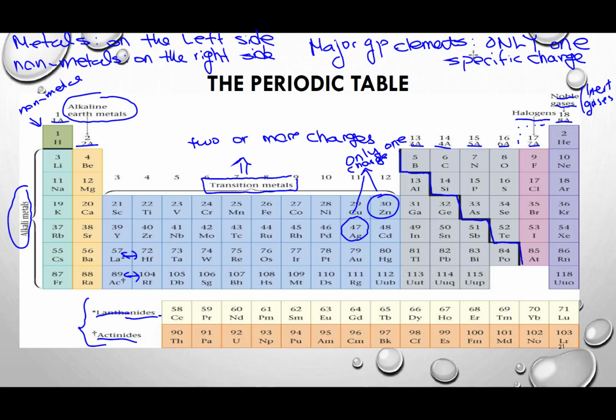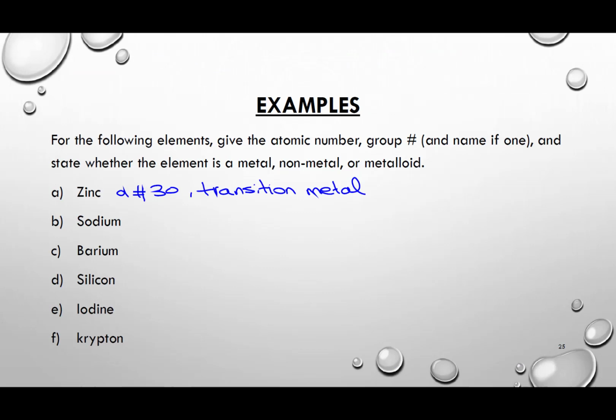That's in group 12. It's in group 12. Then we gave the atomic number, group number, and said whether the element is a metal or non-metal or metalloid. Okay, next one.